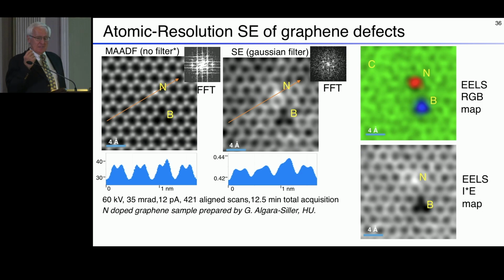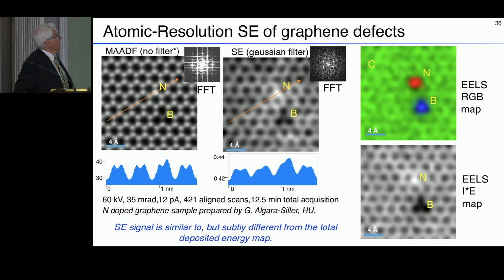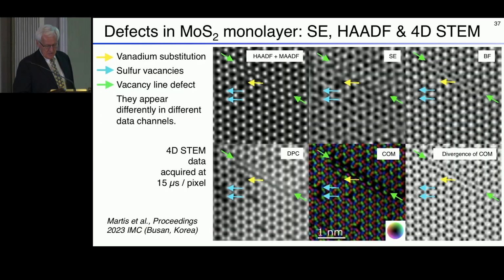That's because the SE image really comes from the energy being dumped into the material and coming out in the form of the SEs. But that works 100% on a monolayer thick sample. If you have a bulk sample, it changes quite a bit, so the SE image you cannot get by this kind of consideration. The SE signal is similar, but subtly different from the total deposited energy map.